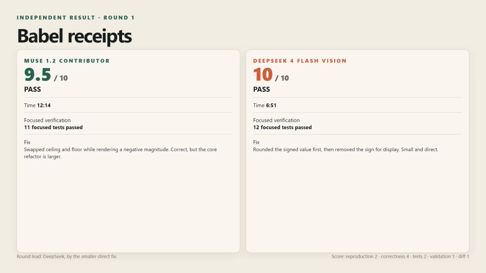Both fixes pass. Muse scores 9.5. DeepSeek scores 10 for the smaller direct change.